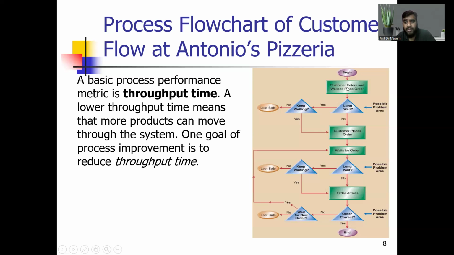But if your throughput time is 30 seconds, you can produce 120 units in an hour. So a lower throughput time means that more products can move through the system. That means you can produce more items. One goal of process improvement is to reduce throughput time.